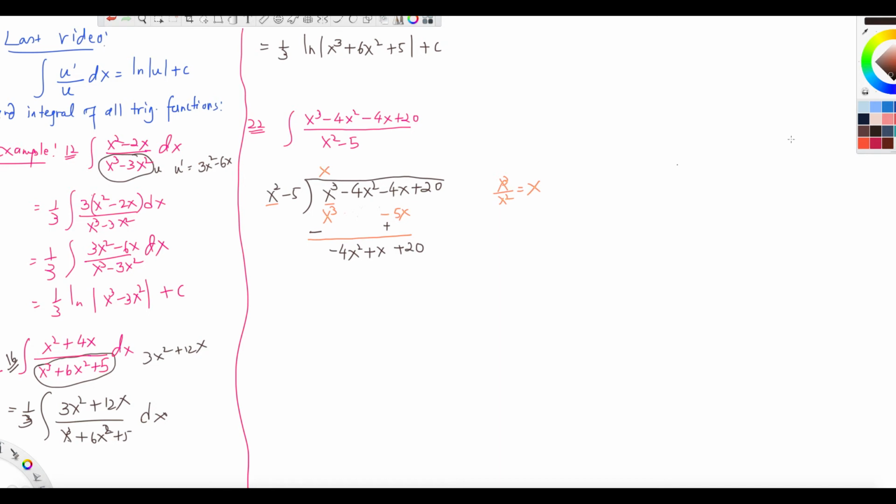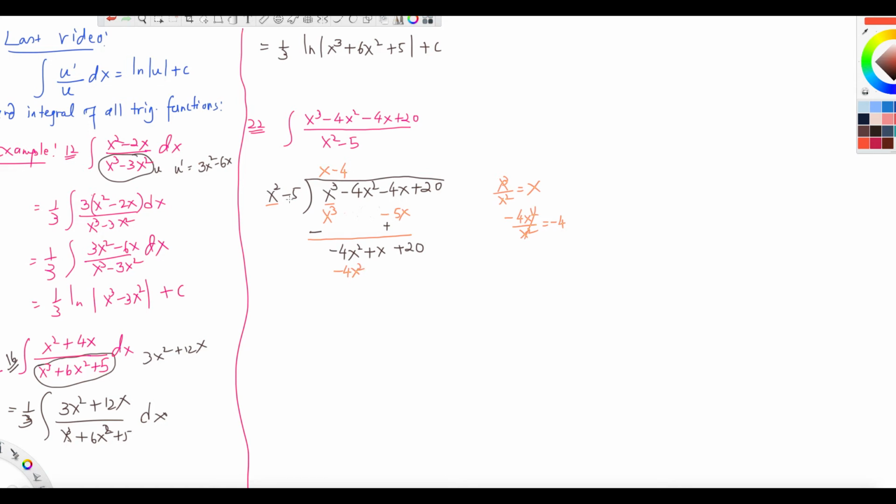Now again, you divide the highest degree term by that one, negative 4x squared over x squared. If you divide, you'll get negative 4, right? Now write down negative 4 on the top. And then negative 4 times x squared is negative 4x squared, right?